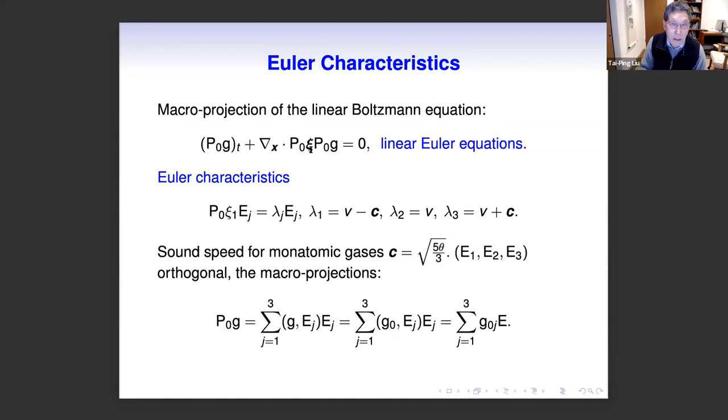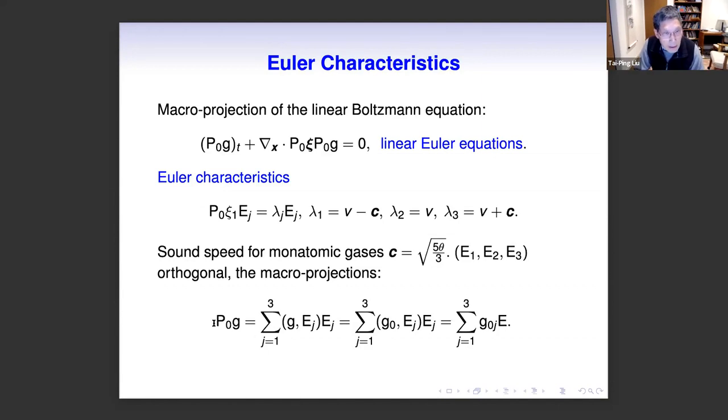So this is the linear Euler equation. And the Euler characteristics: this is lambda 1, which is velocity minus sound speed, C is the sound speed, and lambda 2 is velocity. So this is the usual Euler equation stuff. And this EJ is a normal basis, and they are the shape of the wave taken by the linear Euler wave.